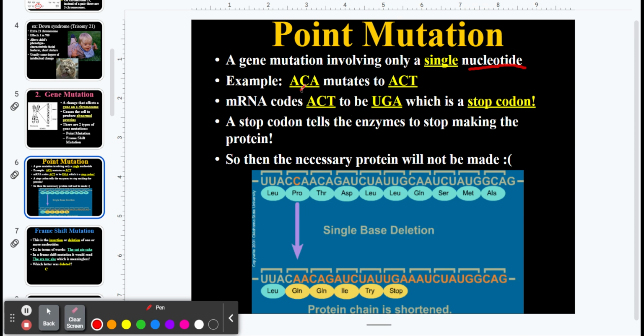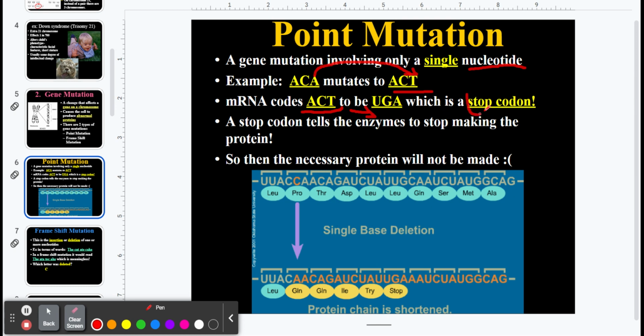And so if we look at this first example, ACA becomes ACT, so that last A was accidentally replicated as a T instead. And so what that means in this specific case is that ACT will get transcribed into RNA as UGA, and then that's a stop codon.